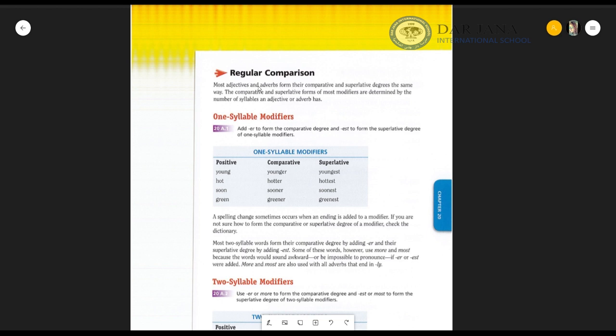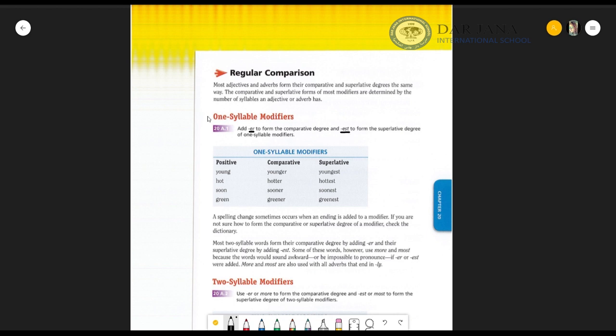Let's start with something called regular comparison, which is, think of it as regular verbs, where you stick to the same form of the word, but you add to it a couple of letters or another word in order to convey a different meaning. Same thing applies here. I'm sticking to the same word, but I'm adding to it either ER or EST, depending on the degree of comparison, or I'm adding more and most, but keeping the word as it is.